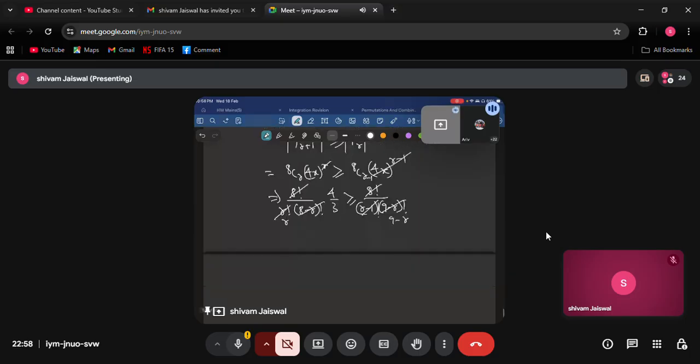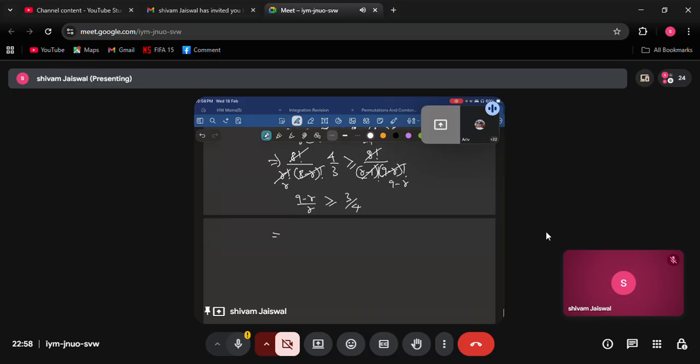So what are we getting? (9 minus r) upon r is greater than or equal to 3/4. So 36 minus 4r is greater than or equal to 3r, and from here r is less than or equal to 36/7.